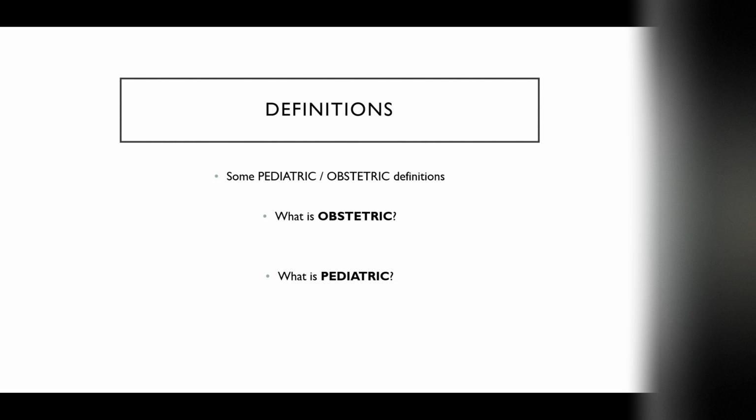Yes, a bit correct. So basically, obstetric, as you said, has something to do with pregnancy, right? The doctor for obstetric is also the gynecologist. When there is pregnancy, there are two patients, basically, the baby and the mother.